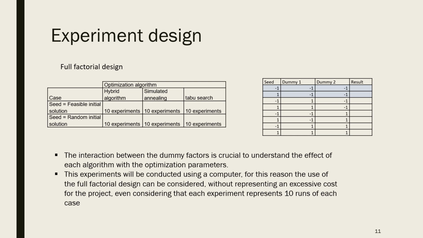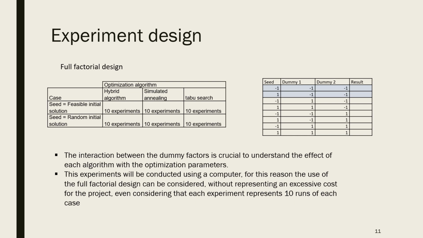To do these experiments, I will use the full factorial design, and the reasons are: the interaction between the dummy factors and the optimization parameters is crucial to understand the effect of each algorithm, and also these experiments will be conducted using a computer.